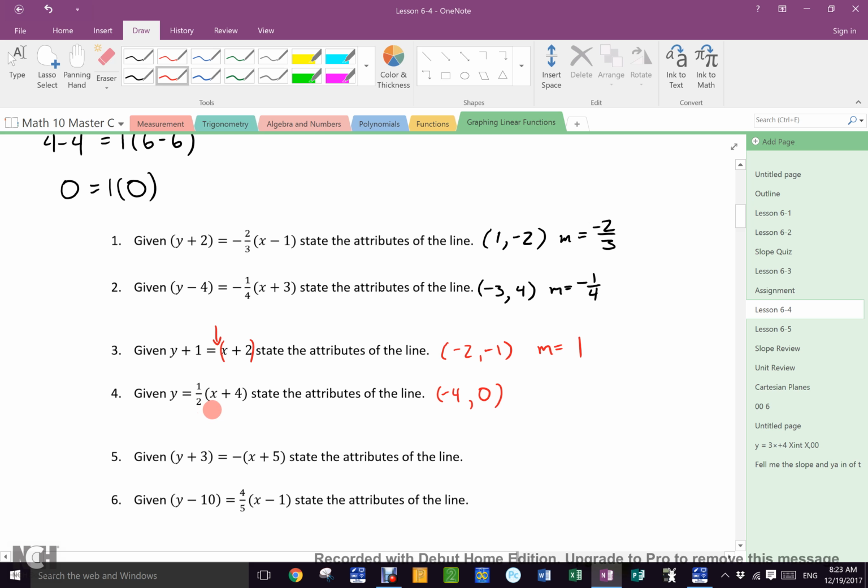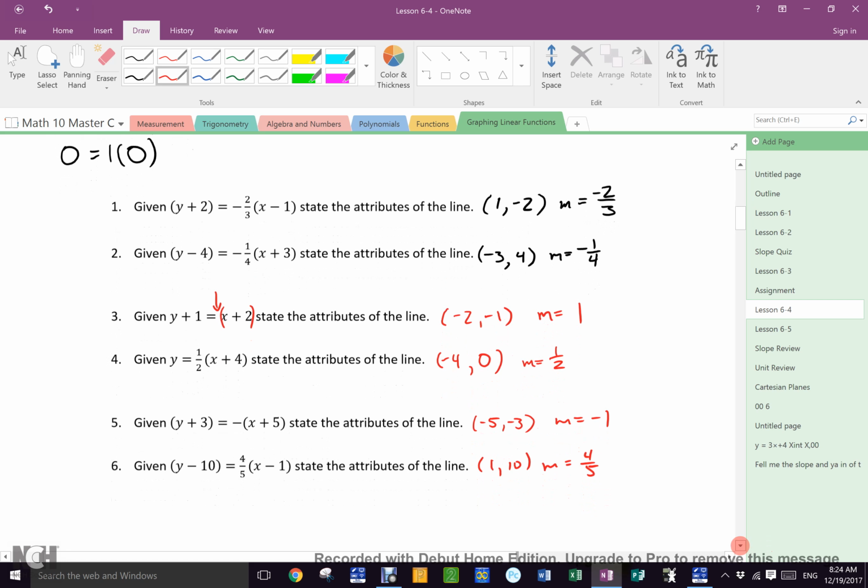And what is our slope there? 1/2. Excellent. What about this one? What's our starting point? -5, -3, and what's our slope? -1. Nice. And then 6 is just back to a normal one, just to remind you of how easy this actually is. What is it? 1/10 with a slope of 4/5.